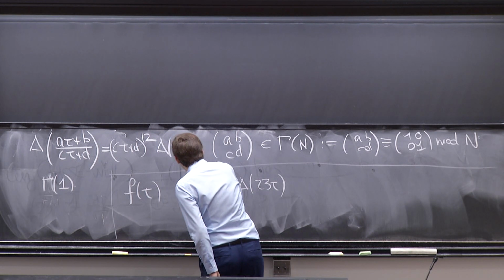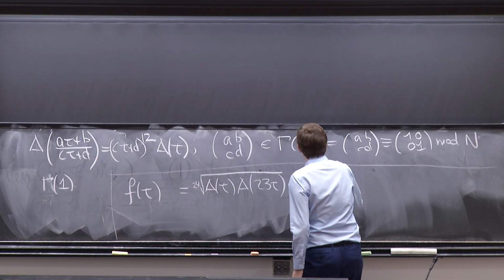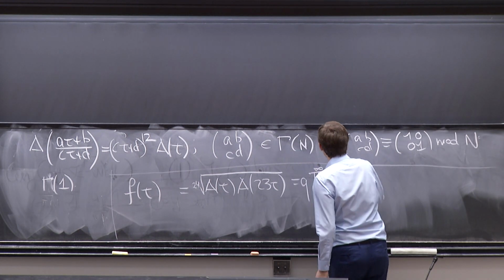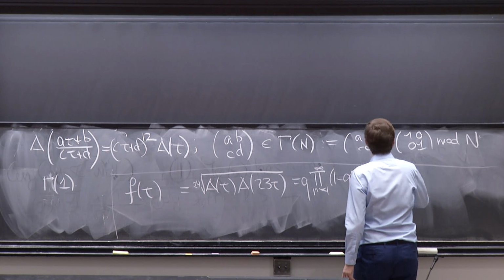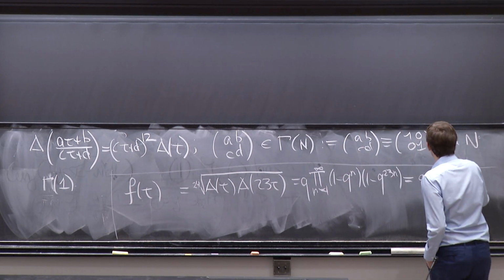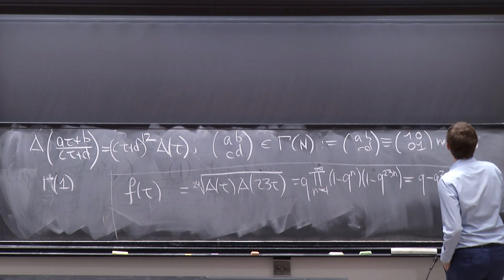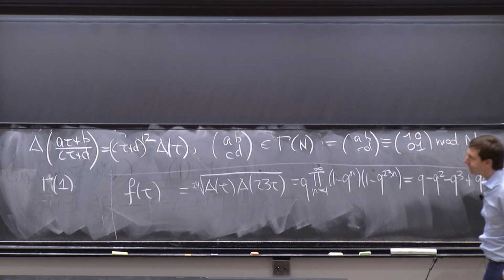So I take its 24th root, and I get the following expression. Now it's just the product of (1 minus q to the n) times (1 minus q to the 23n). And this I actually know a few more coefficients of: q minus q squared minus q cubed plus q to the 6 plus dot dot dot.